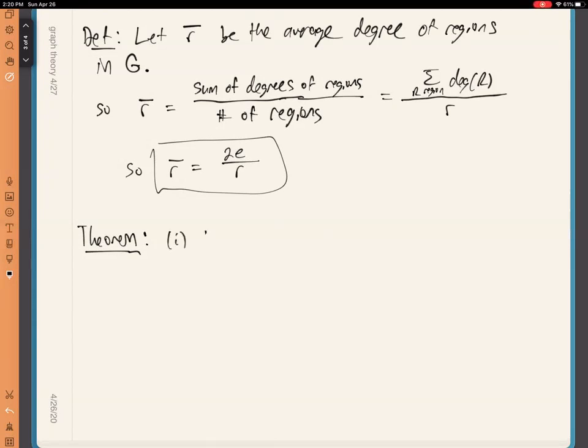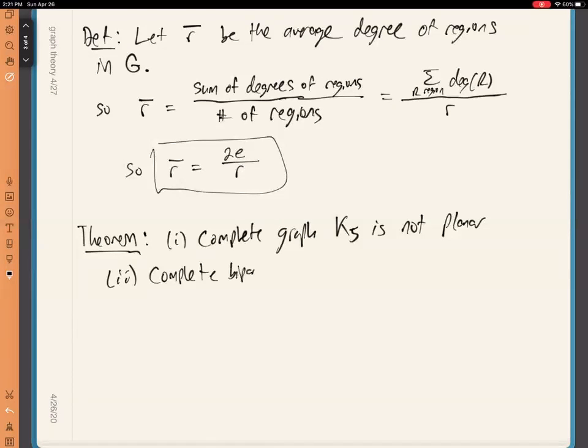The first part is we're going to give a different proof that the complete graph on 5 vertices, which is K5, is not planar. And we're also going to give an argument that shows that the complete bipartite graph with 6 vertices, or K3,3, is also not planar.